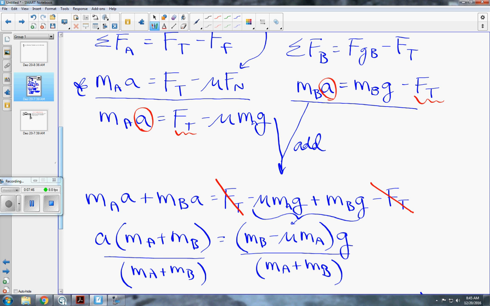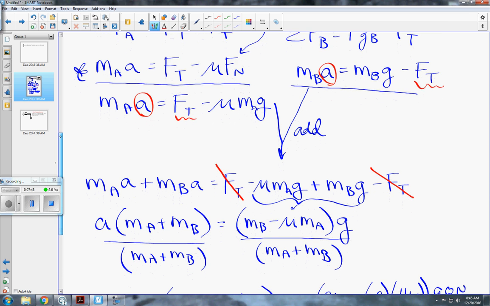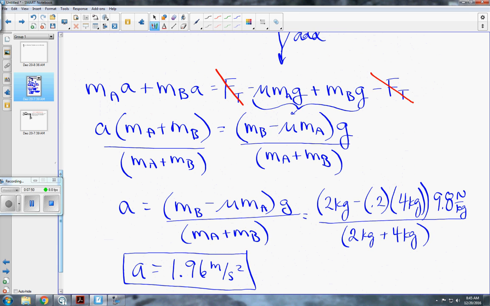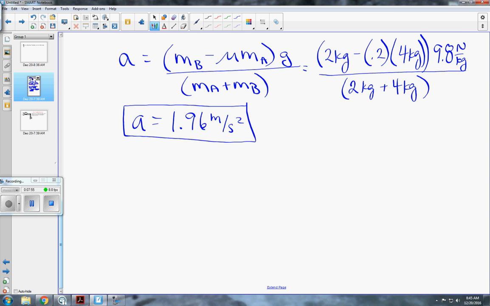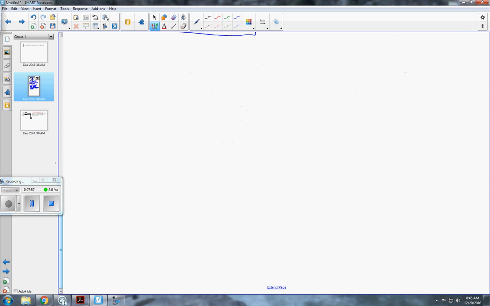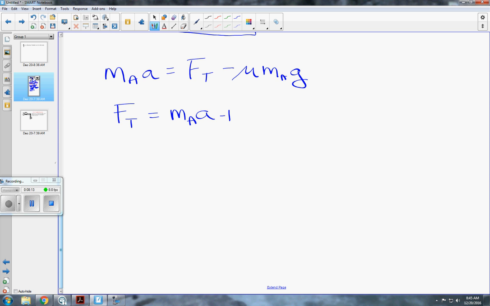So mass A times a equals force of tension minus mu times normal force. All right, so we have mass A times acceleration equals force of tension minus mu times mass A times g. And I solve for force of tension, so force of tension equals mass A times acceleration plus mu times mass A times g, because I'm adding this to both sides.